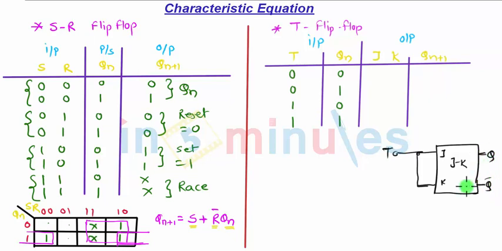Basically, the input T goes to the inputs of the JK flip-flop, and the inputs for JK are shorted to T. So when T is equal to 0, JK will be 0 0, and if T is equal to 1, JK is 1 1.